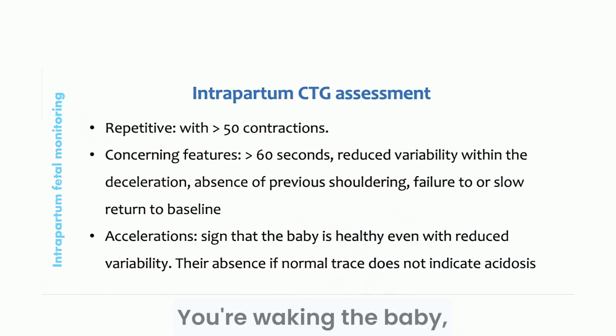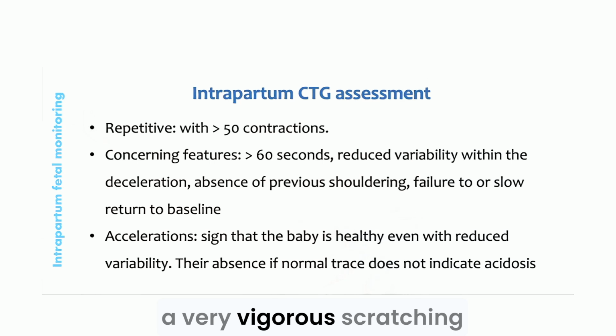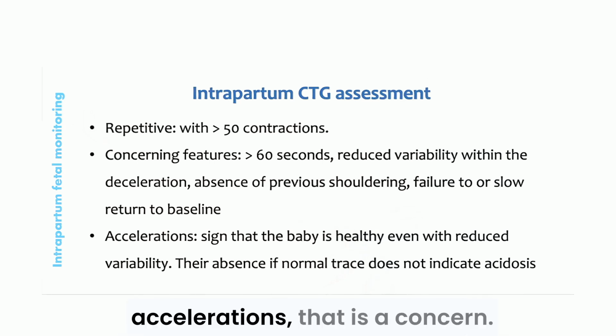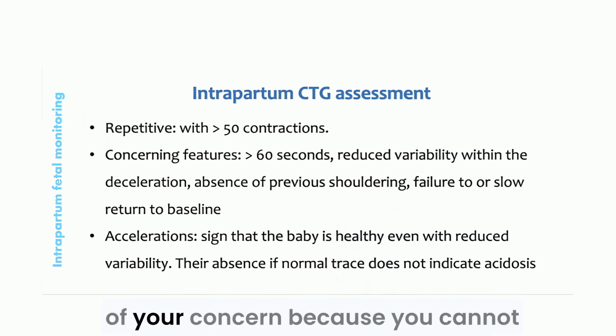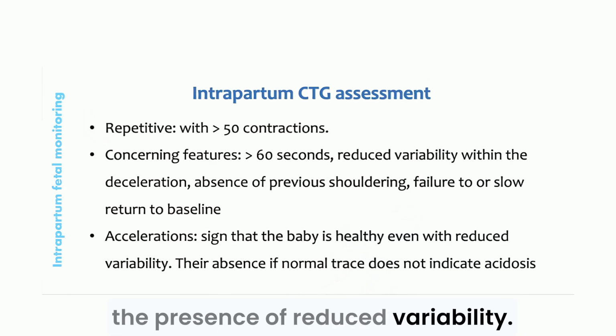You're waking the baby up, and with that, you typically see accelerations. But if you do a very vigorous scratching of the head and you don't see any accelerations, that is a concern. That's probably a confirmation of your concern, because you cannot see even induced accelerations in the presence of reduced variability.